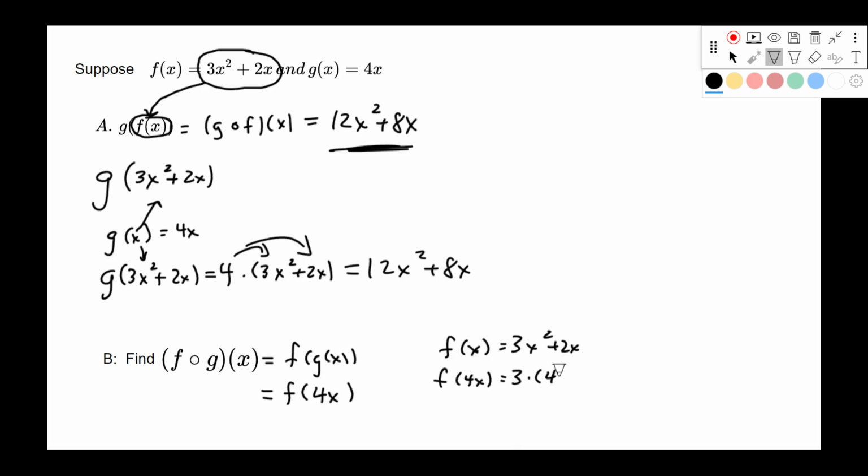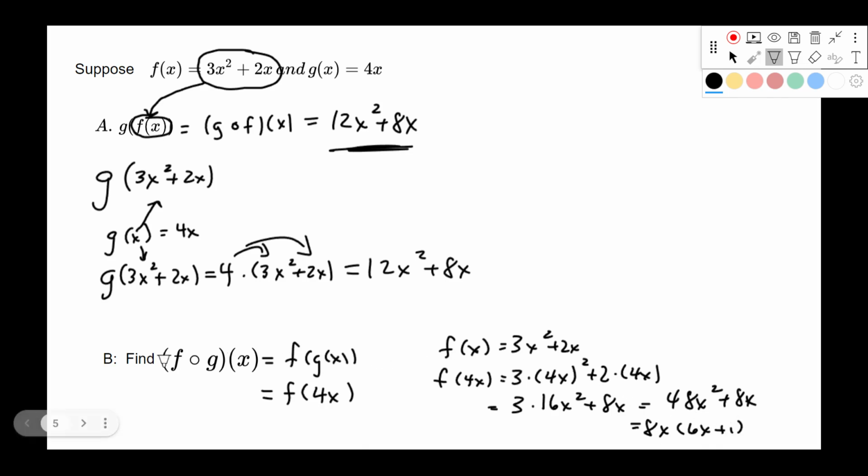So wherever I see an x in f, I'm going to put a 4x in its place. 3 times 4x squared plus 2 times 4x. So that's 3. Got to do exponents first. 4x squared is 16x squared, plus 8x, which is 48x squared plus 8x. You could factor out 8x if you wanted to. 8x would give you 6x plus 1.